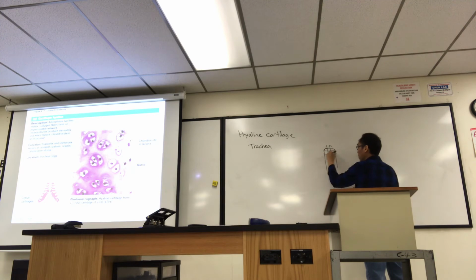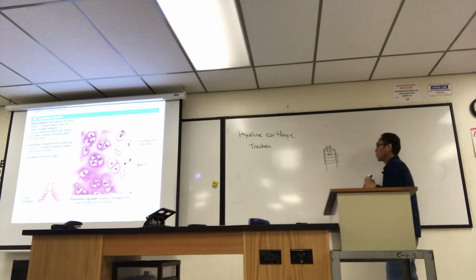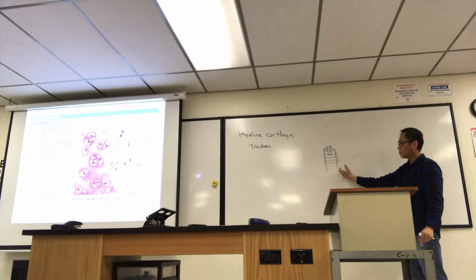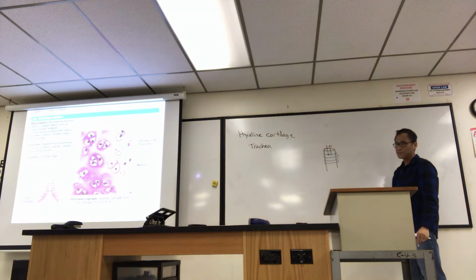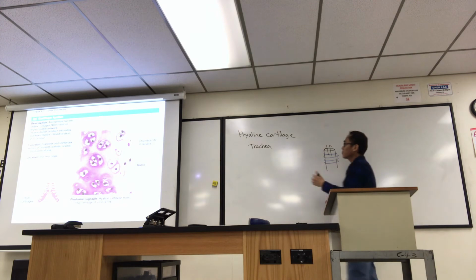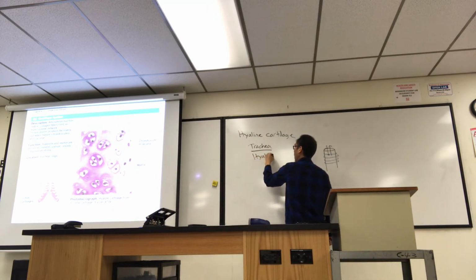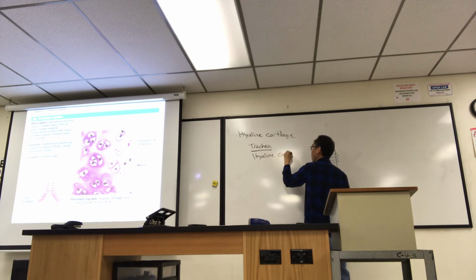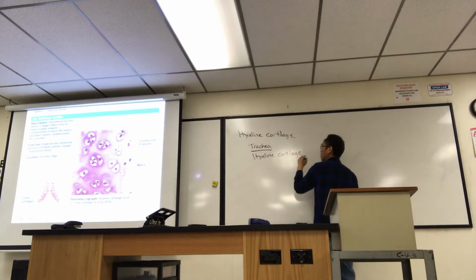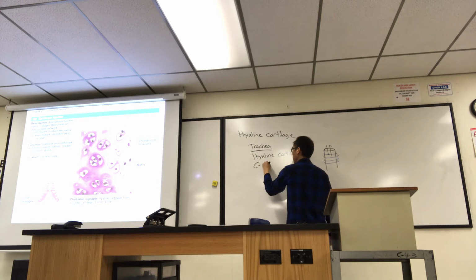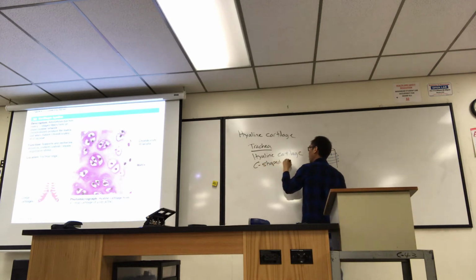You surround the trachea, so that when you suck air through it, the stiffness of it keeps the airway open. In the trachea, you have these hyaline cartilage C-shaped rings.